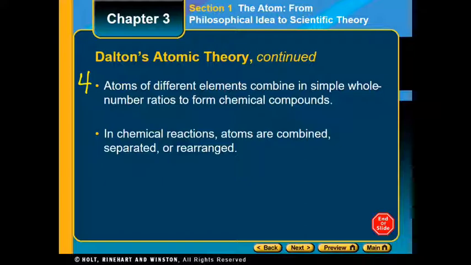Hydrogen and oxygen, you've got your water, you have your hydrogen peroxide, and the list goes on and on. So yes, that is still true. And then number 5, in chemical reactions, atoms are combined, separated, or rearranged. Absolutely still true. And I've already highlighted a couple for you, but here's another one.